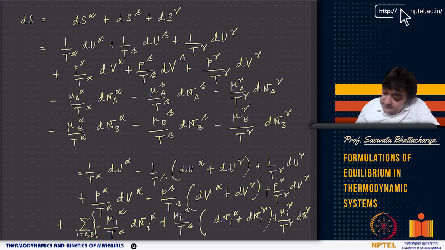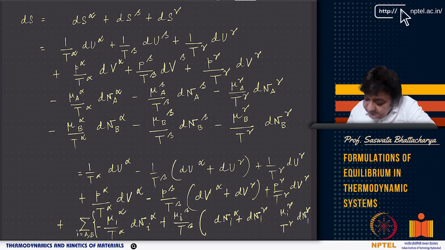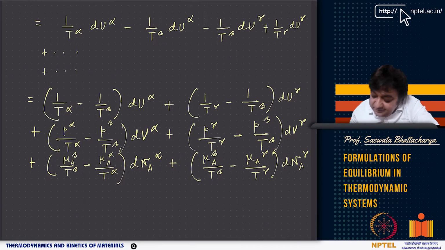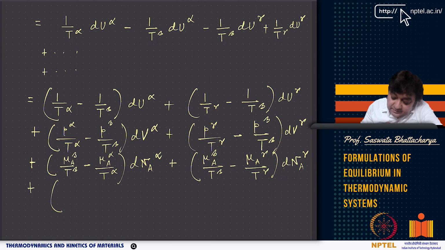So this is minus plus, and here please note that there is a minus, and then we can put a bracket. So that's what I am writing: mu A beta by T beta minus mu A gamma by T gamma, dNA gamma. Similarly, plus mu B beta by T beta minus mu B alpha by T alpha, and it becomes dNA.